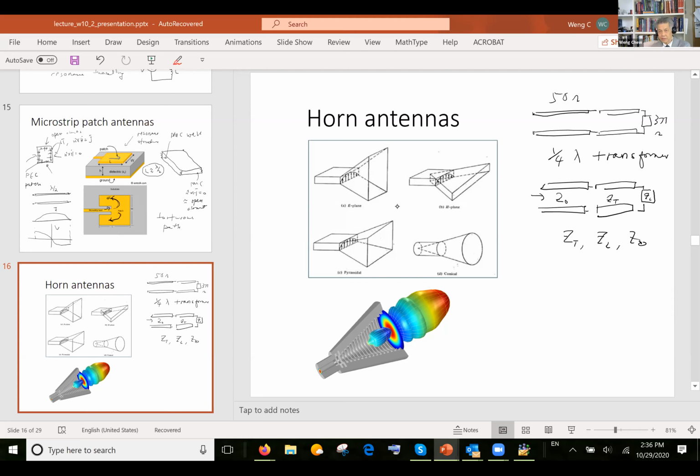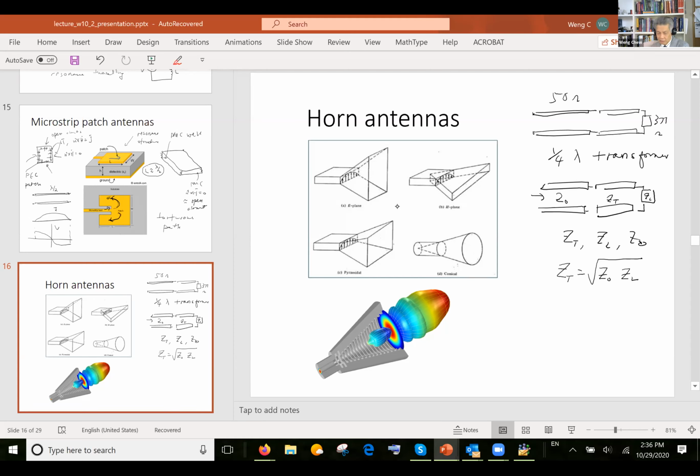Do you remember what ZT should be? It's one of the take-home exam problems. It's ZL squared over Z naught squared, probably. I don't remember exactly, but something like that. If you don't remember, anybody remembers? ZT is the geometrical mean between the load and the impedance of the other line. So it has to be some value in between.